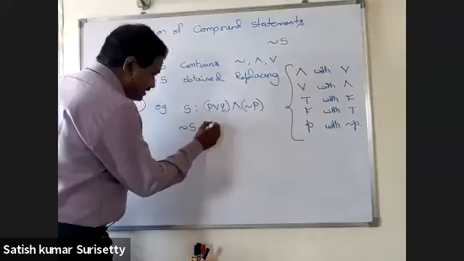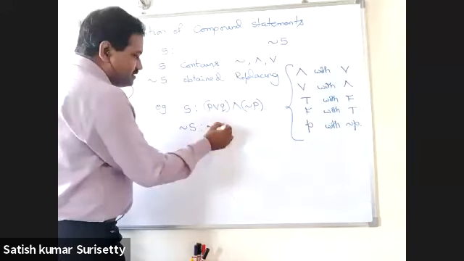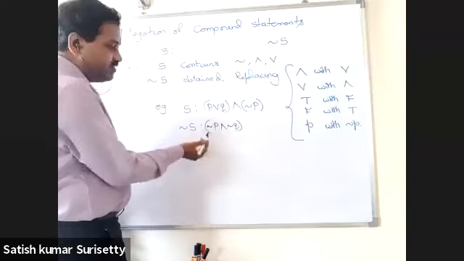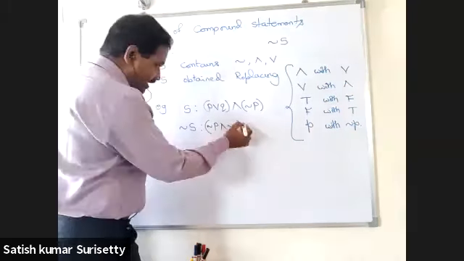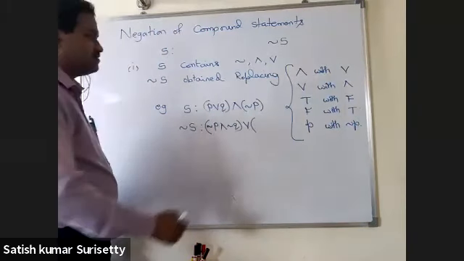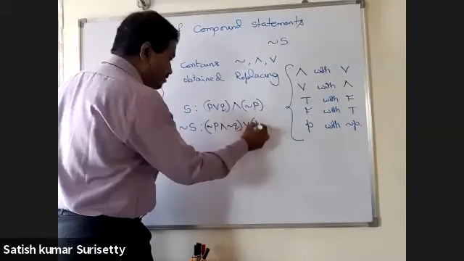Negation of P and negation of Q, because each statement gets replaced with its negation. Or with and. Now here and is there, you write as or. Now negation of P, what is negation of P? P itself.